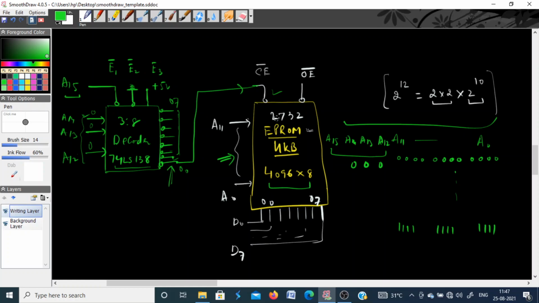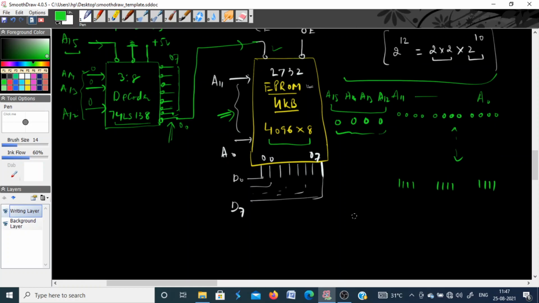Similarly, since I am connecting A15 to the enable pin of this decoder, and since it is an active low pin, it must also be 0. So these 4 bits are now fixed, and the remaining bits can vary over this range. What will be my address for this? This is 0 in hexadecimal, then 0 0 0 to begin with.